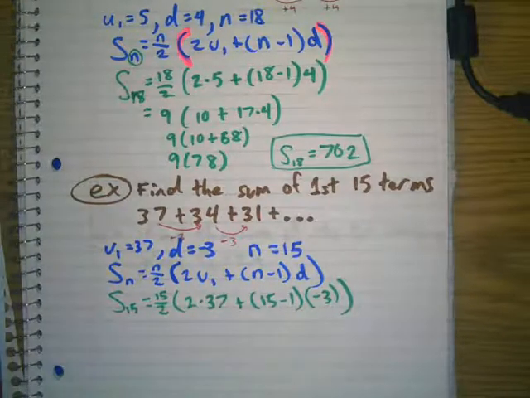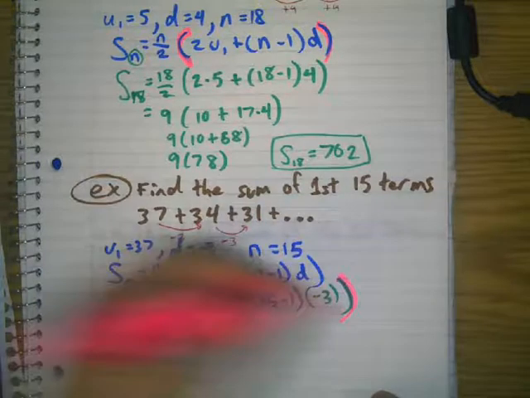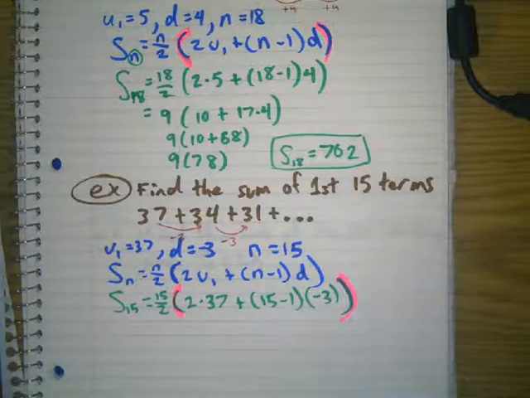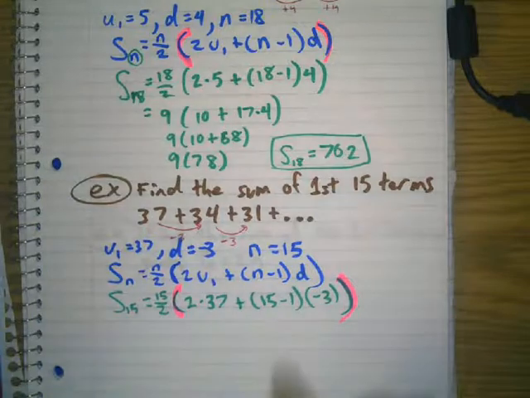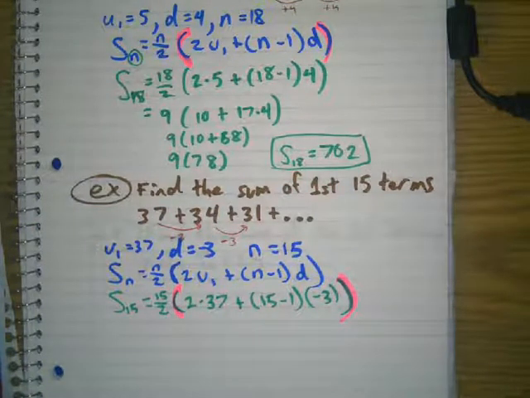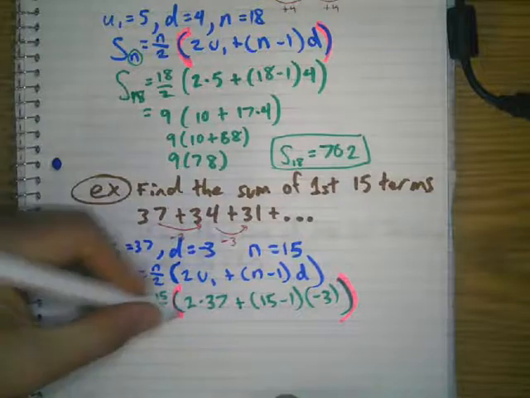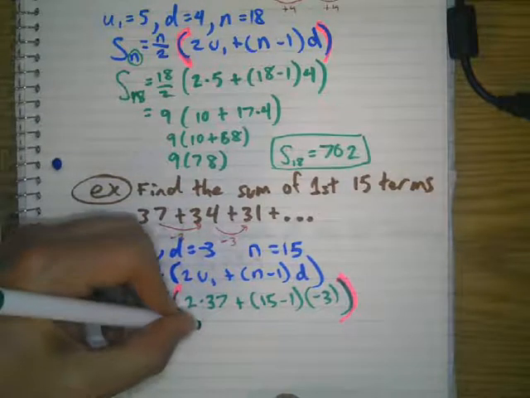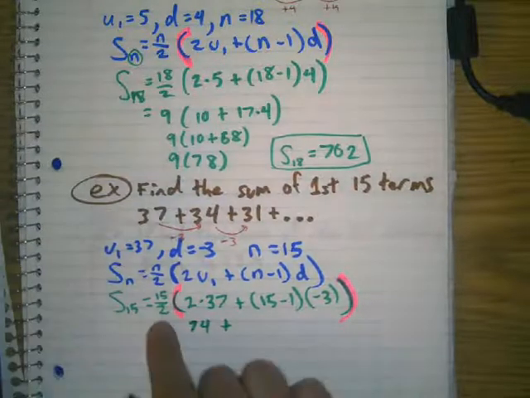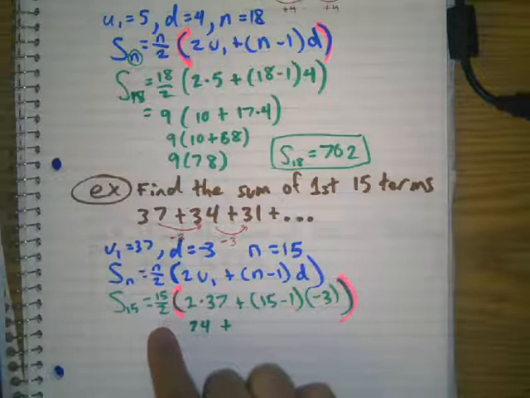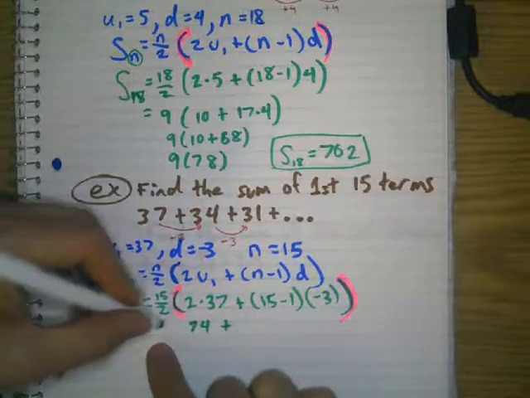Okay, be careful with the parentheses, right? Okay. 2 times 37 is 74. 15 divided by 2 is 7.5.